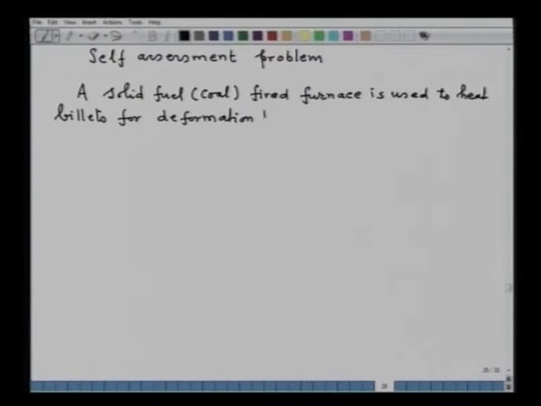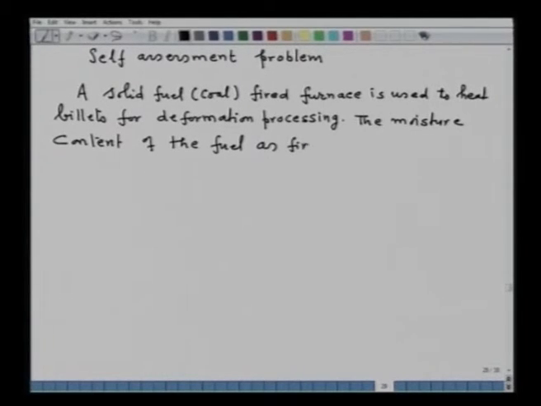You know, for deformation processing, you heat the billet to 1000 or 1200 degrees Celsius, so that deformation is done easily. The moisture content of the fuel as fired is 3%.